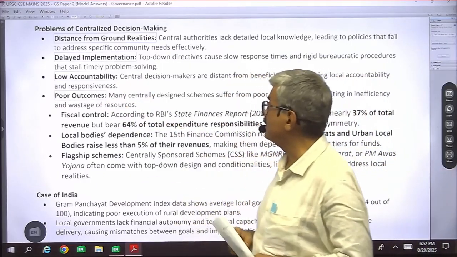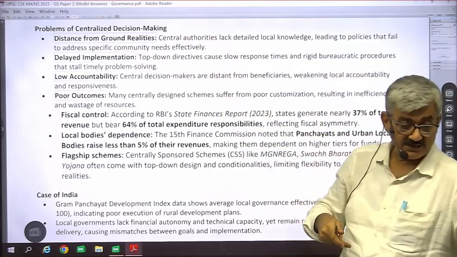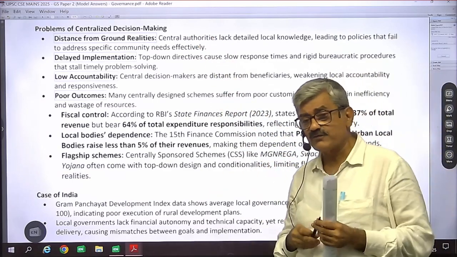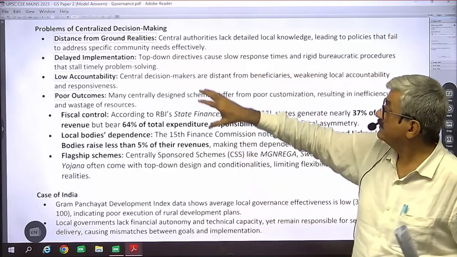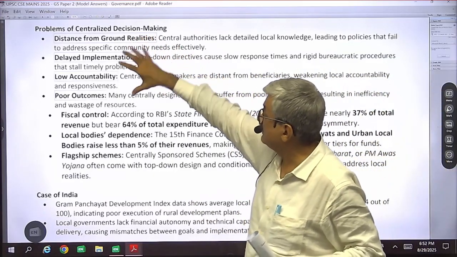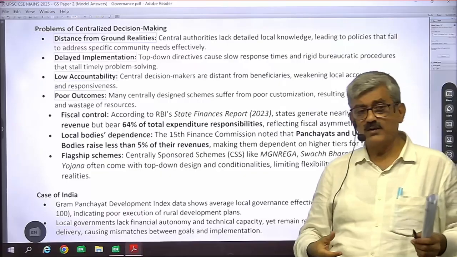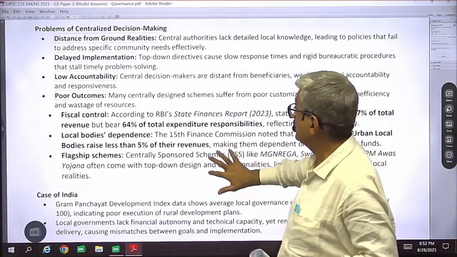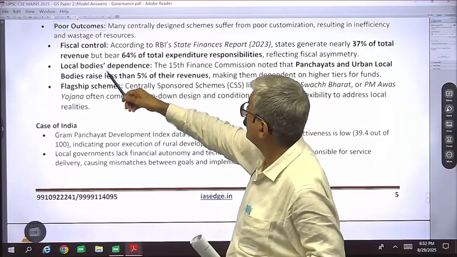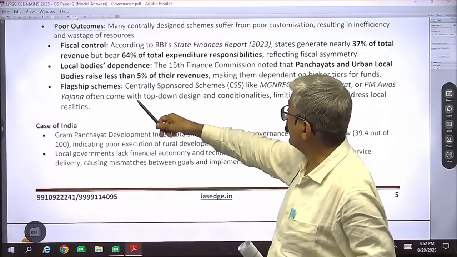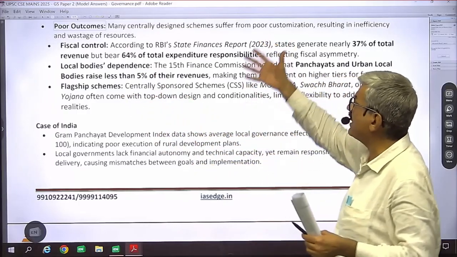There is low accountability. He makes, somebody else implements, so it is difficult to fix accountability, leading to poor outcomes. Obviously, if we indulge in these three, the result has to be poor. So fiscal control, local bodies' dependence, and flagship schemes, these are the things.